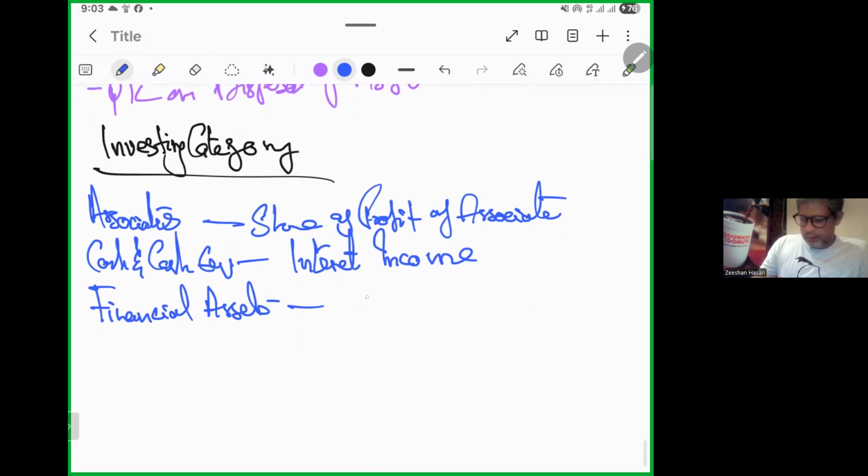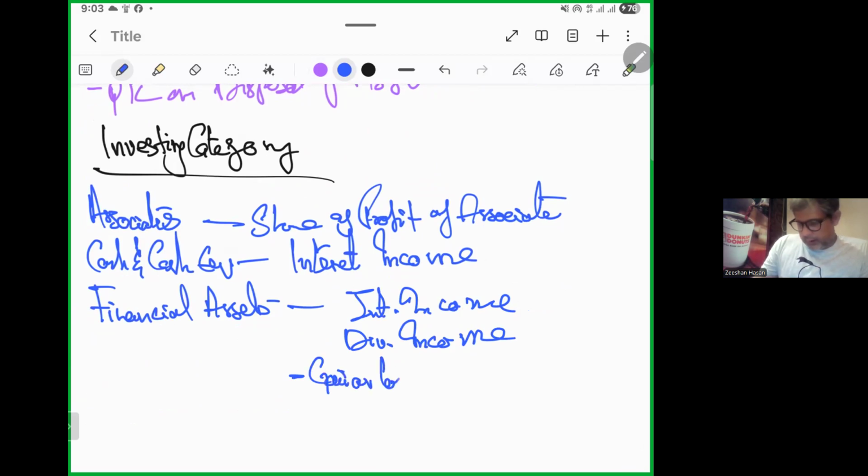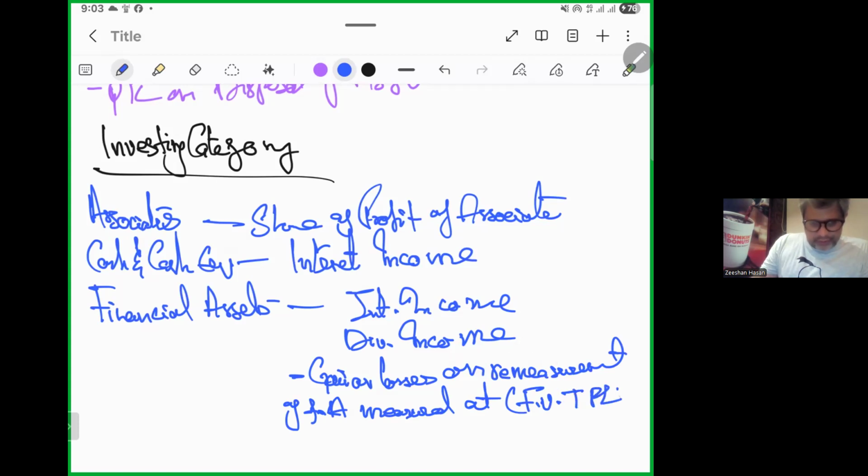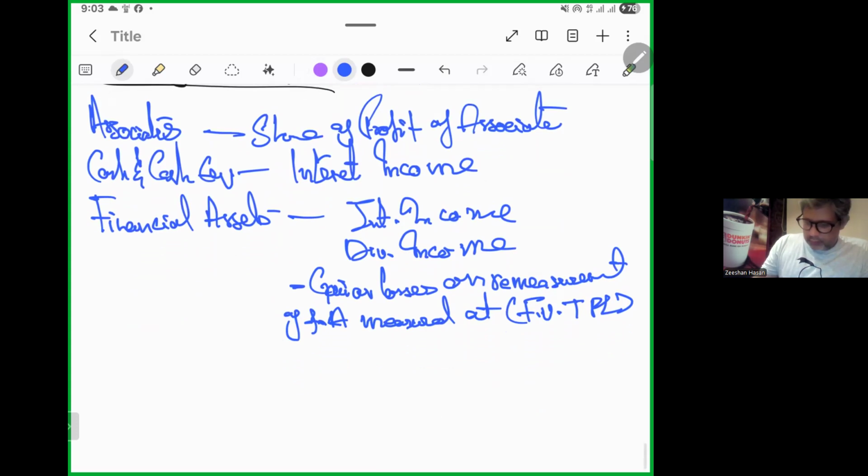What's in financial assets? Interest income, dividend income, and gains or losses on remeasurement of financial assets measured at fair value through profit or loss. Gain or losses on financial assets.